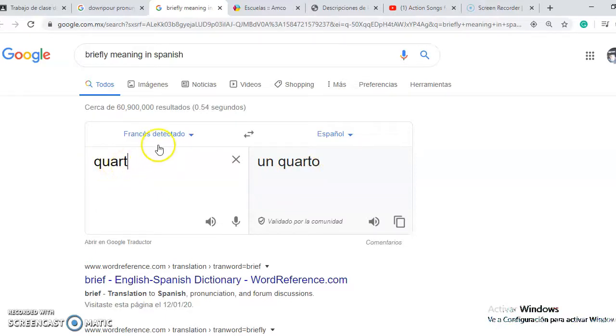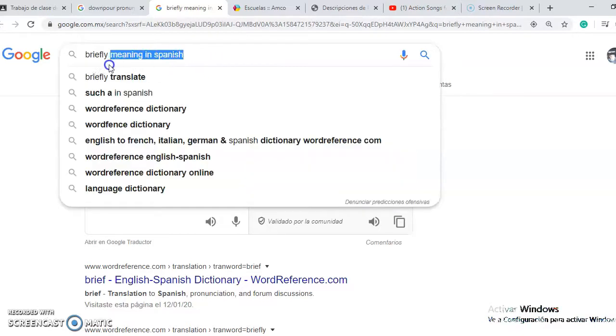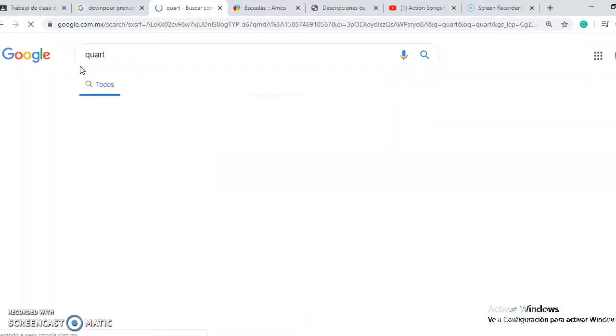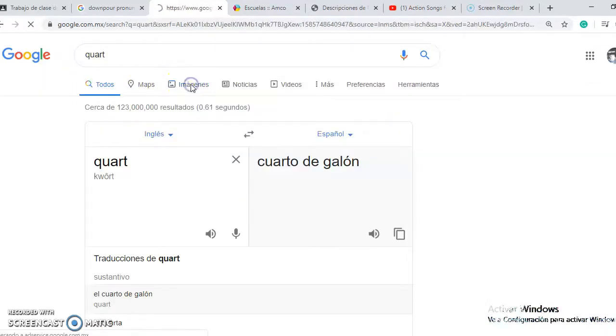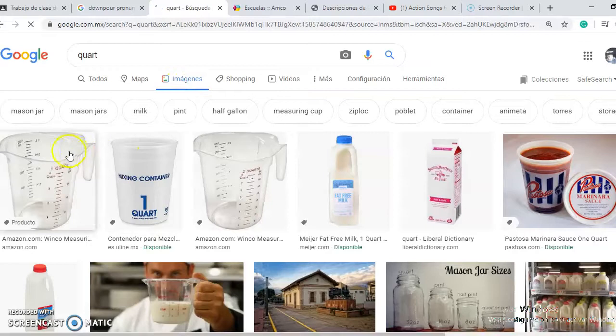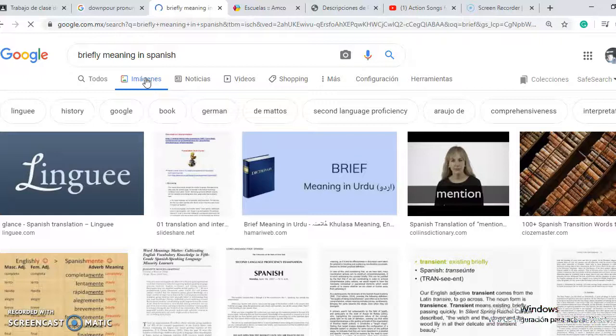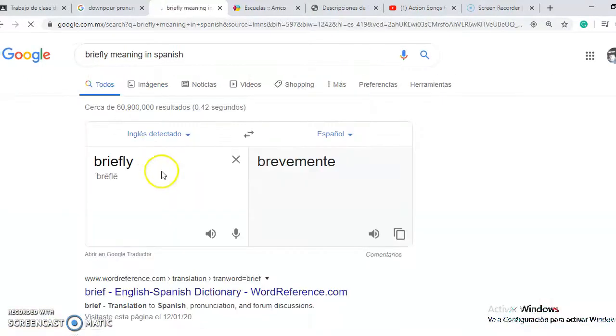As an option, I can also write the word here and go to images, and it's going to give me many other options to know what the meaning of the word is, in case I'm not sure. But I'm going to go back to the original web page, which is this one, and it gives me here briefly.